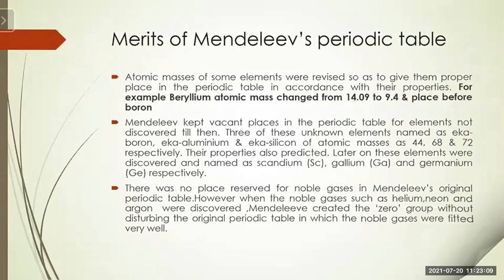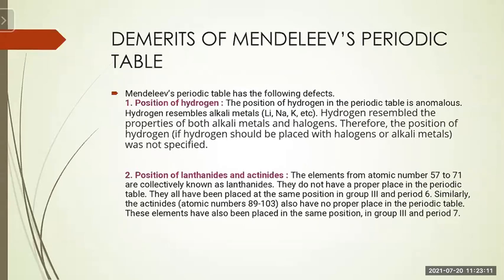Let us see the defects of Mendeleev's periodic table. First, the position of hydrogen in the periodic table is anomalous.